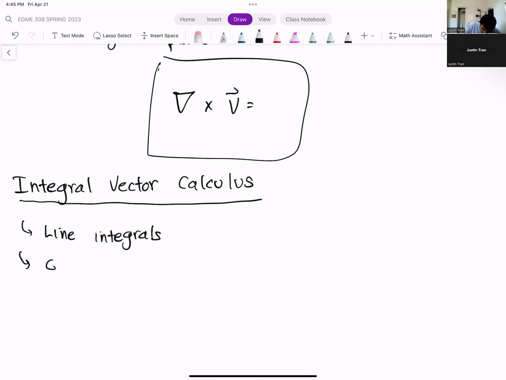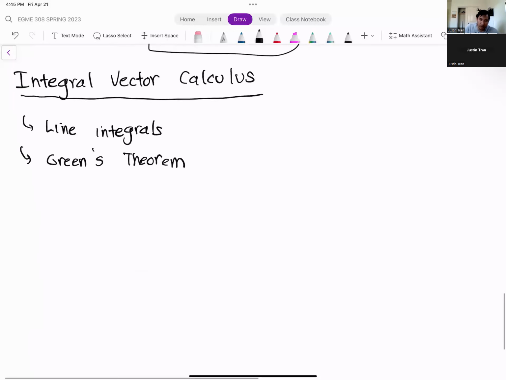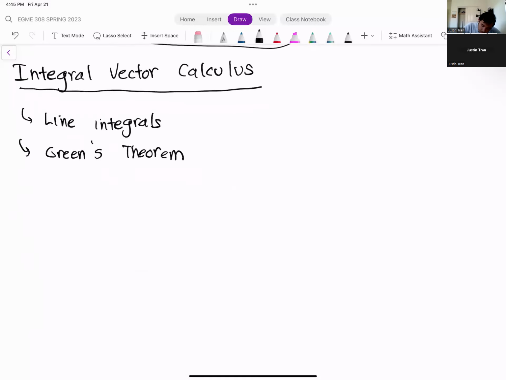There's Green's theorem. Then in parallel to this, we have surface integrals and the corresponding theorem, which is the divergence theorem.